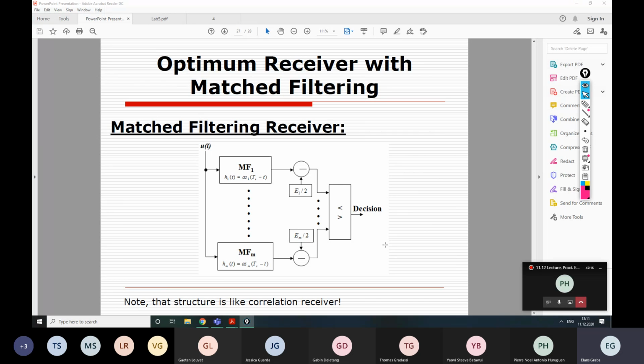So this structure is very similar to the correlation receiver, except that in the correlation receiver we had this matched filter separated into multiple blocks. So we had a generator, we had multiplication, and we had integration, right? That can all be substituted by this matched filter.